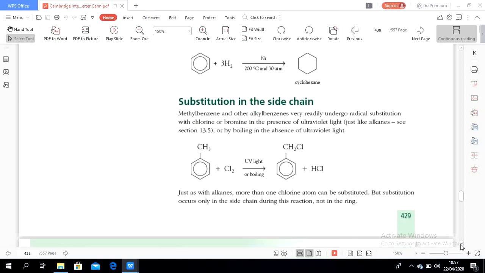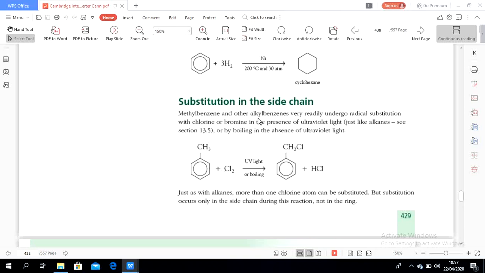And then now substitution in the side chain. Methylbenzene and other alkylbenzenes very readily undergo radical substitution. Radical in here means free radical substitution, or homolytic fission, with chlorine, bromine, or other group 7 elements in the presence of UV light. But if there is no UV light, this reaction will never occur.